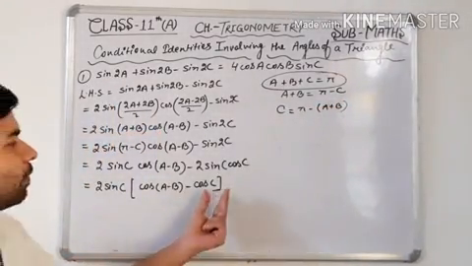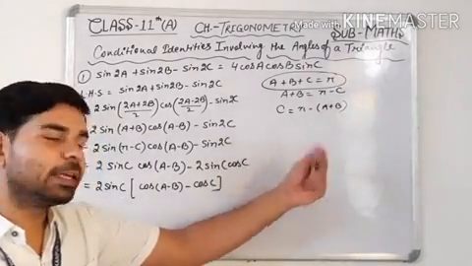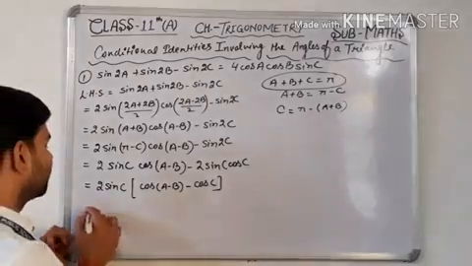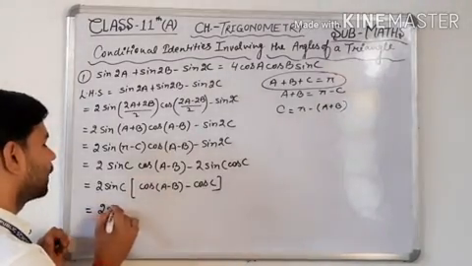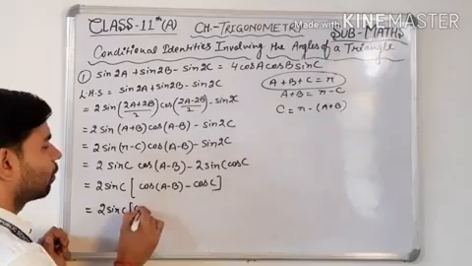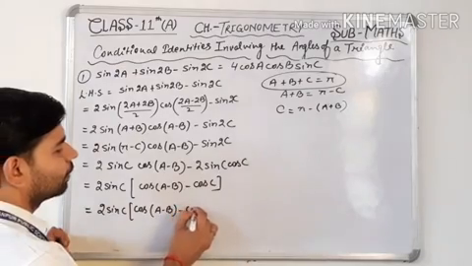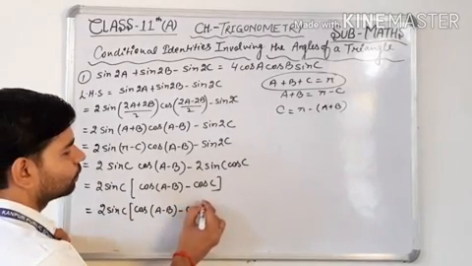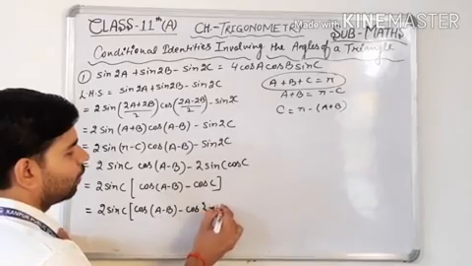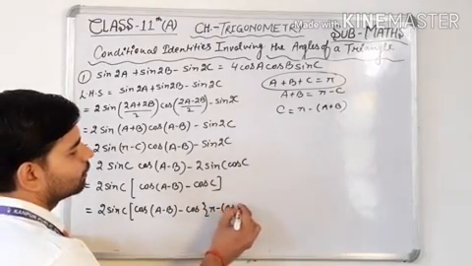We can write in place of C, pi minus (A plus B). Use this value, 2 sin C [cos (A minus B) minus cos (pi minus (A plus B))].